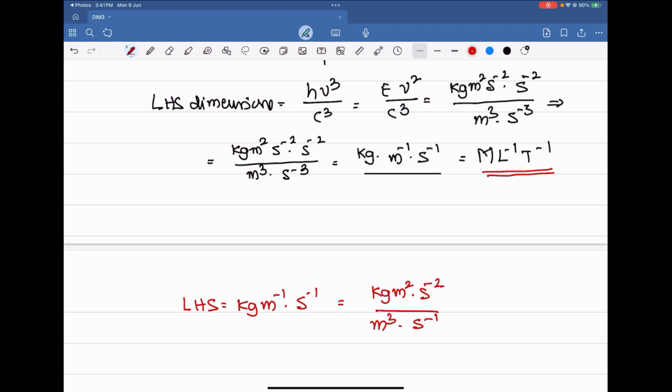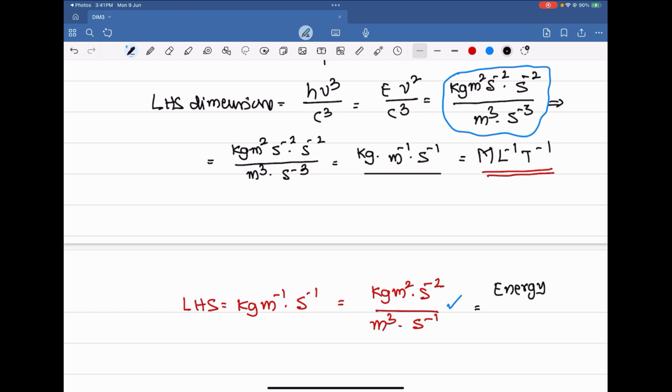Can we write like this? Yes, we can write. From this, we got this one. This kg meter square per second square is nothing but energy.